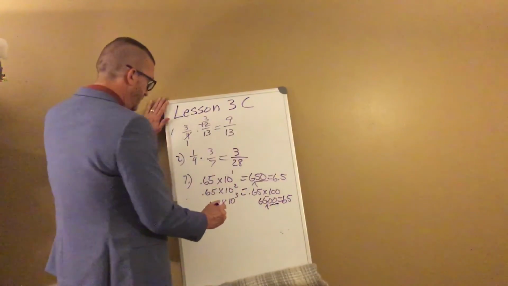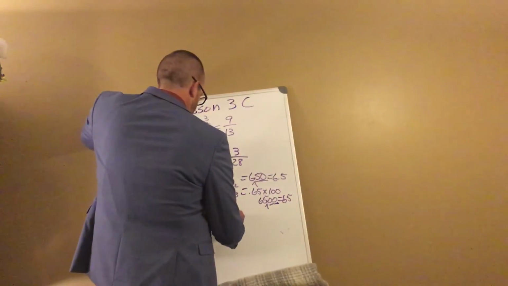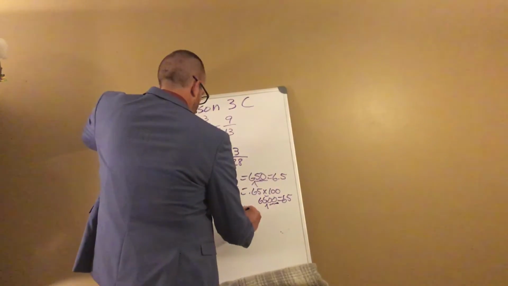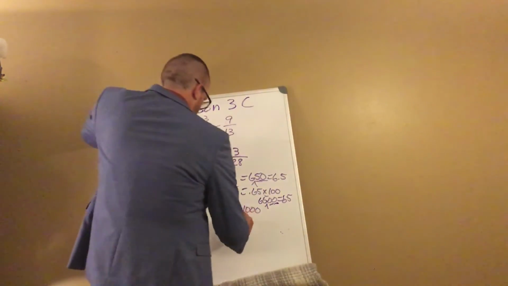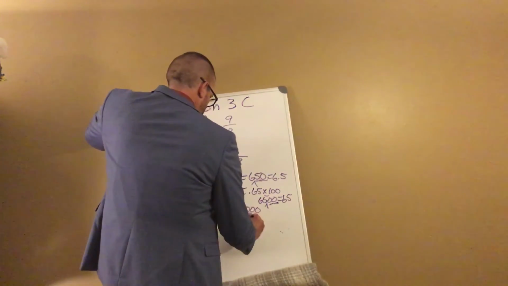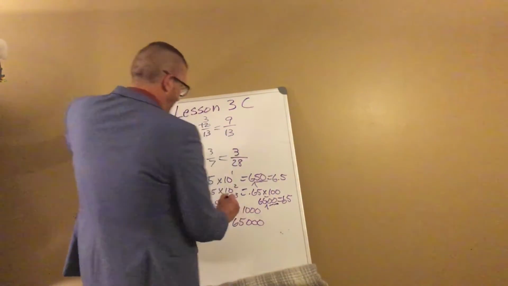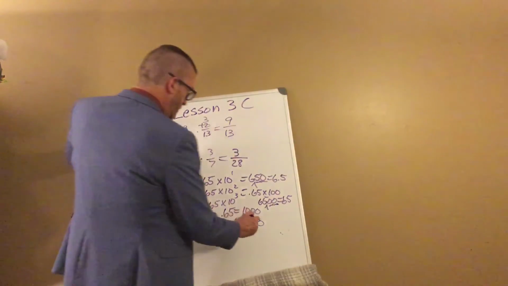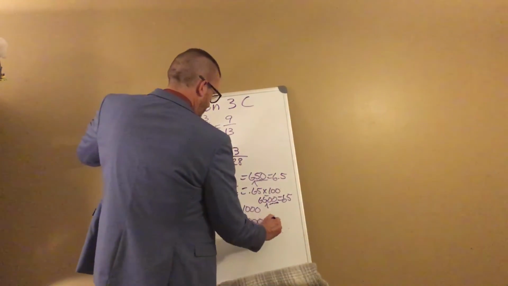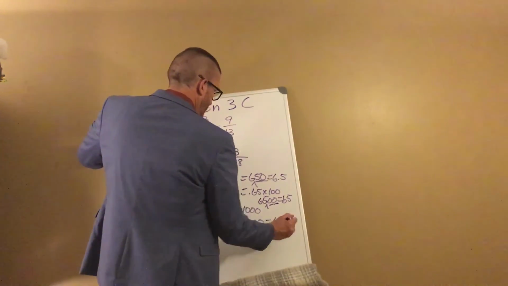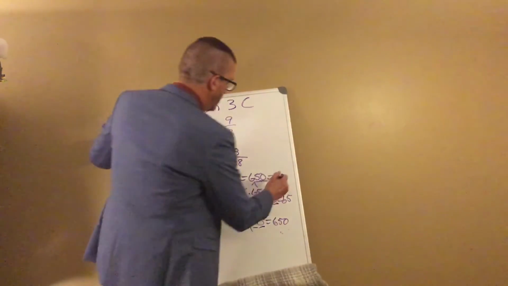And then 10 to the third, yes, that is 1,000. 1,000 times 65 would be 65,000. 65 times 1 is 1. Add the 3 zeros. Take the 2 decimal places. Uno, dos. Insert. 650. 650 is our final answer.